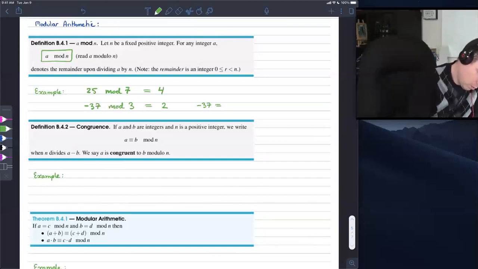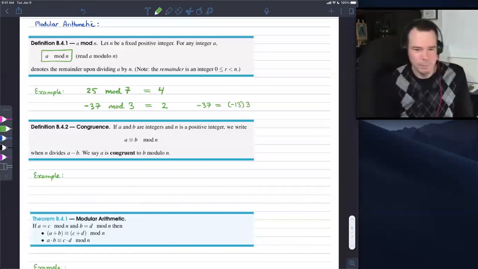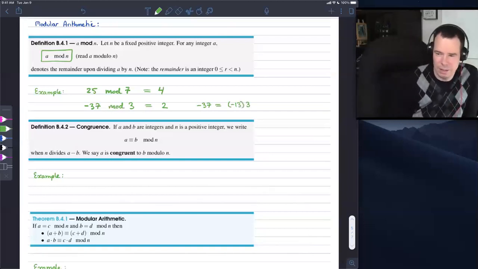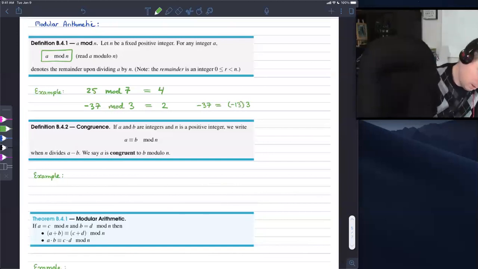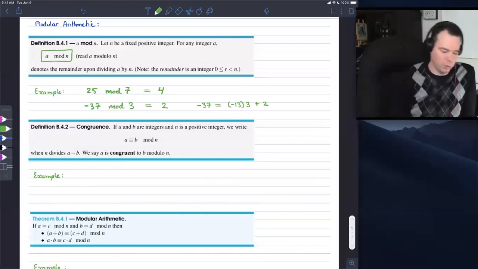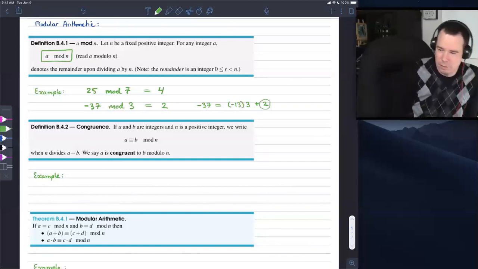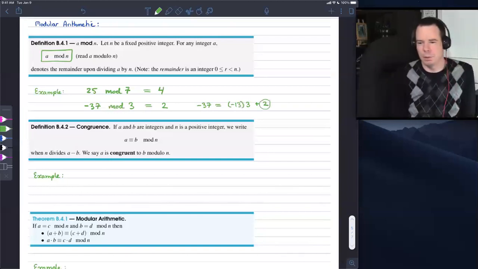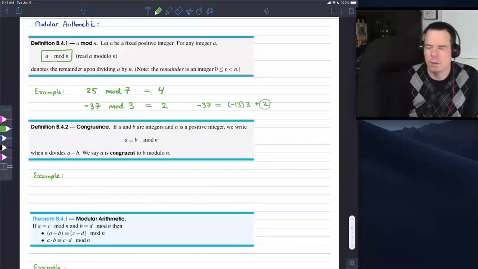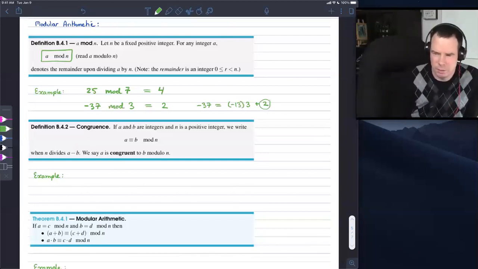Well, 3 can go into it negative 13 times, because that's going to give me negative 39. And then I can add 2 to it to get negative 37. So there's my remainder. It's the positive number between 0 and strictly less than 3.